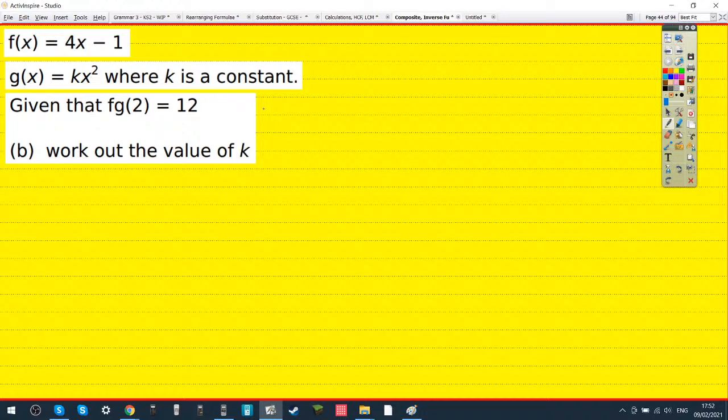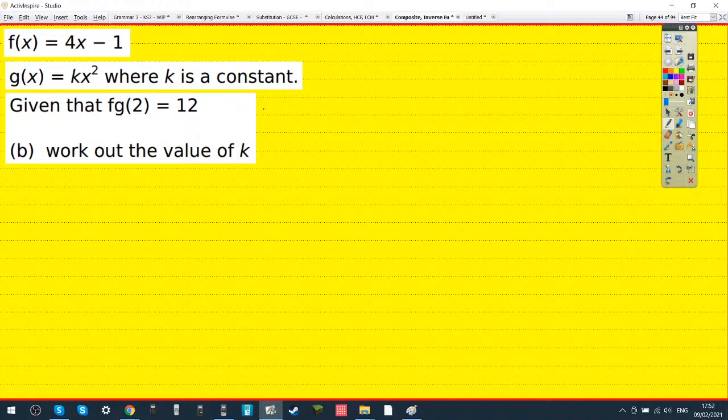This is a solving type. Oh, that's tricky. If we can do this one, we can do anything. Given that, work out the value of k.